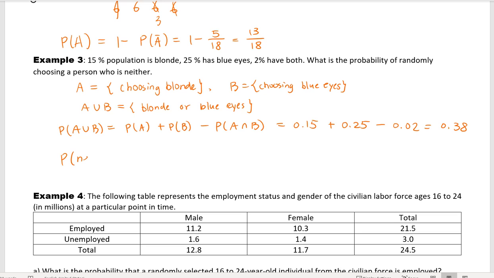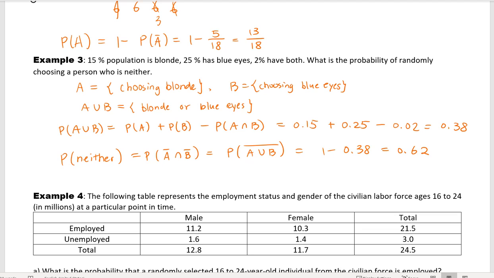How about neither? Neither is like not A and not B, and what not A and not B is actually not (A or B). So we know this is 1 minus 0.38, which is 0.62.